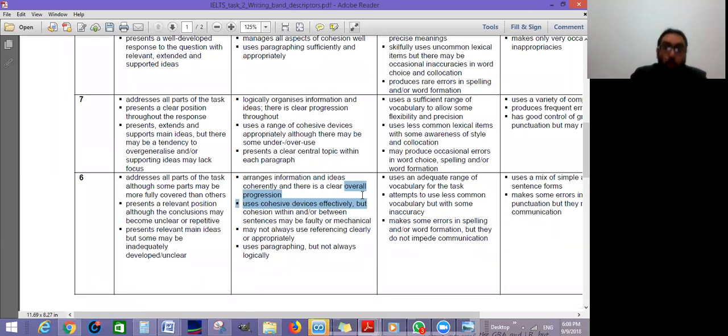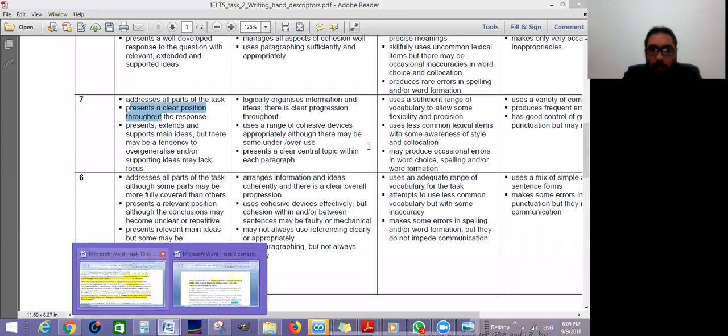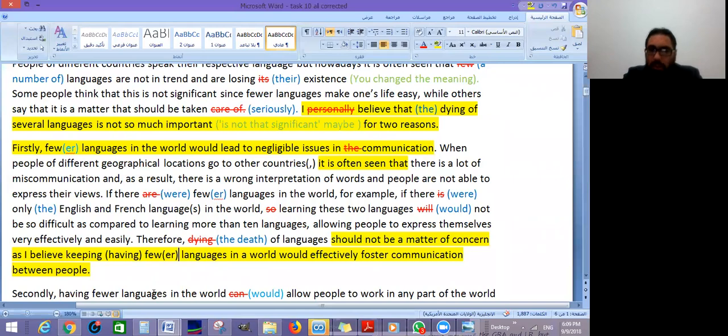But when we say throughout, it's from top to bottom, everything is logically presented. And this is what we're looking for. So that's what we want. For band 7, it's a requirement to have a clear progression, a clear position throughout. So here our opinion also needs to be clear from top to bottom. Okay, let's move on.